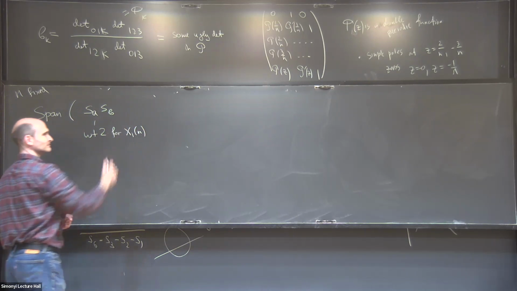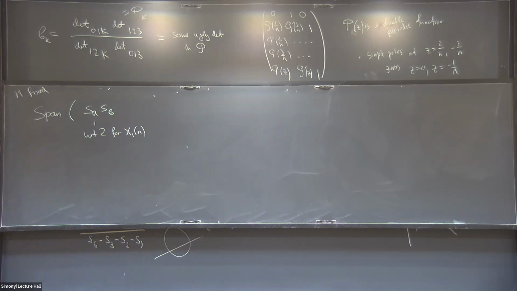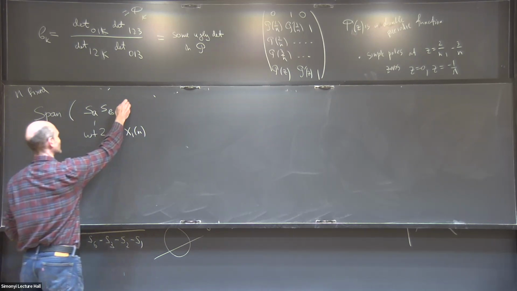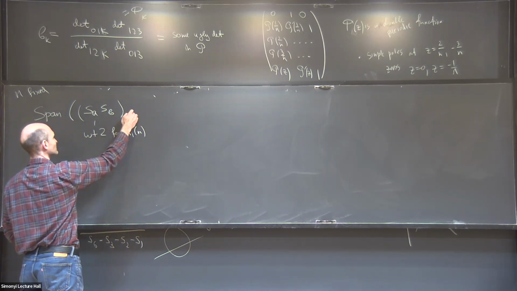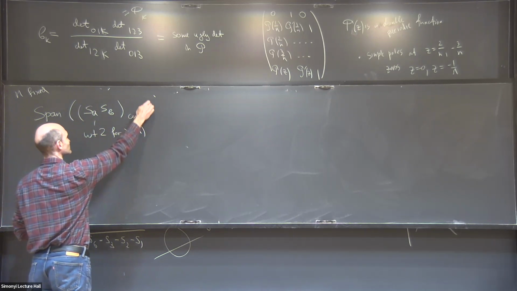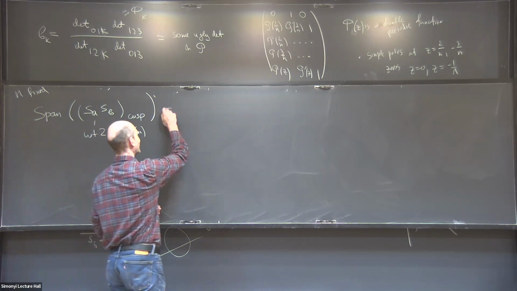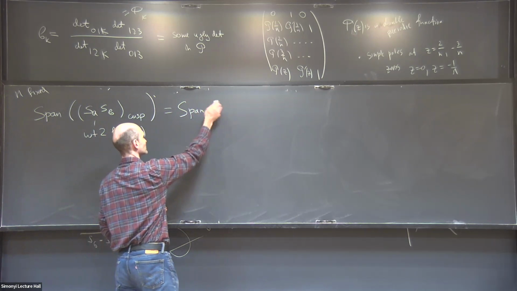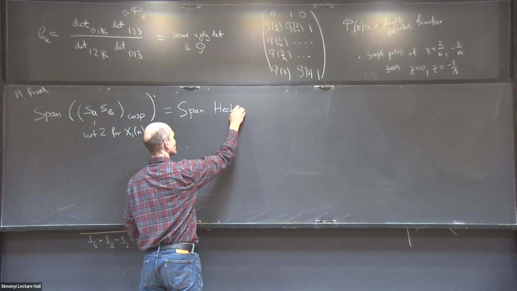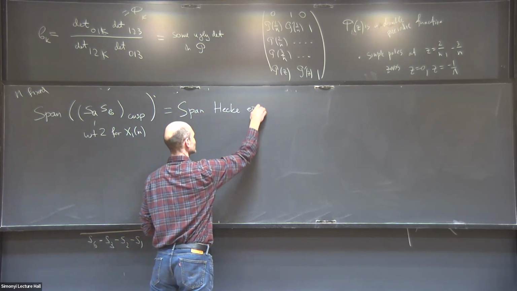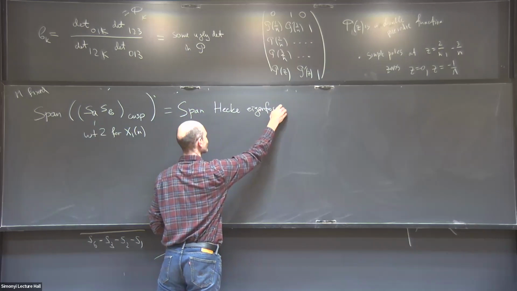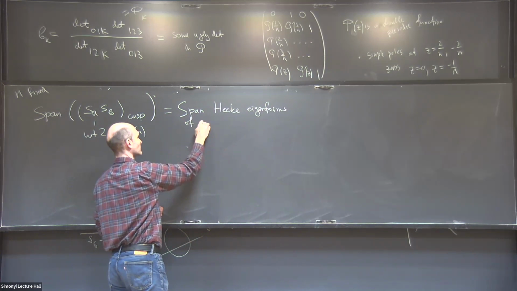I never defined them, but for people who know what they are, if you take the cuspidal part of it, this is also a span of Hecke eigenforms of analytic rank 0.